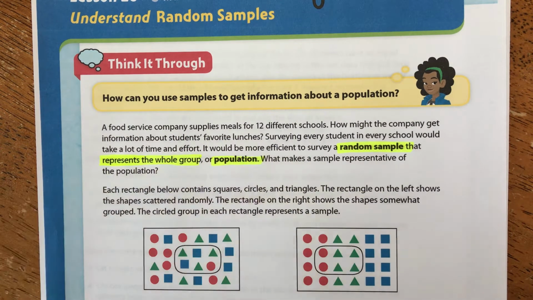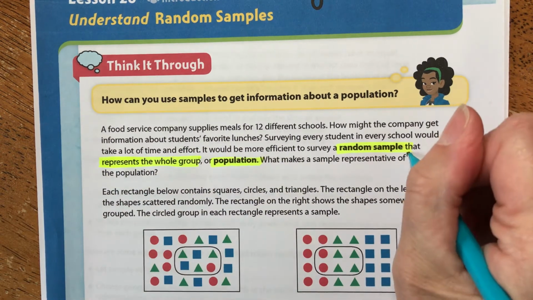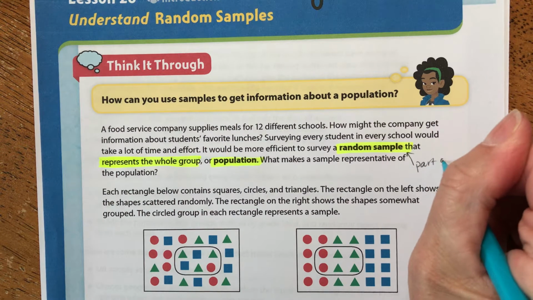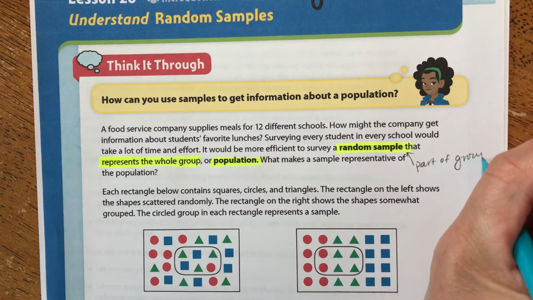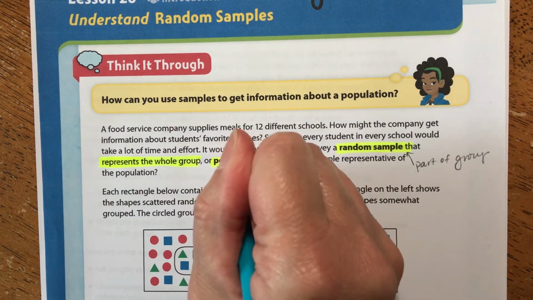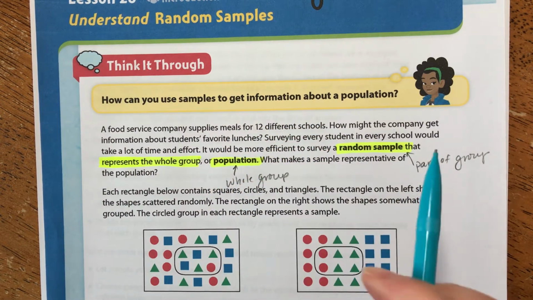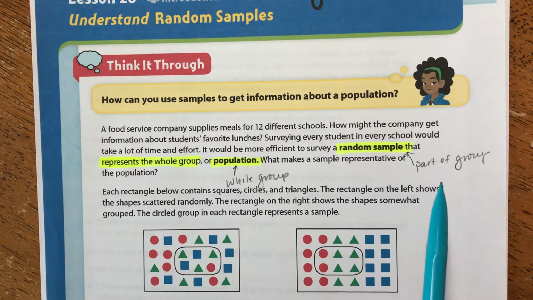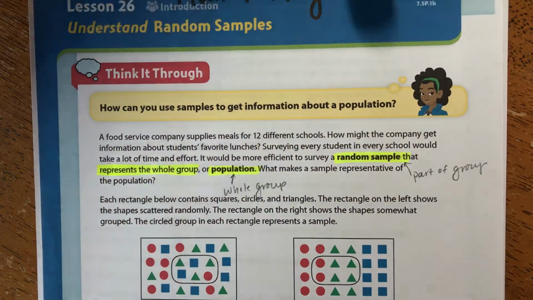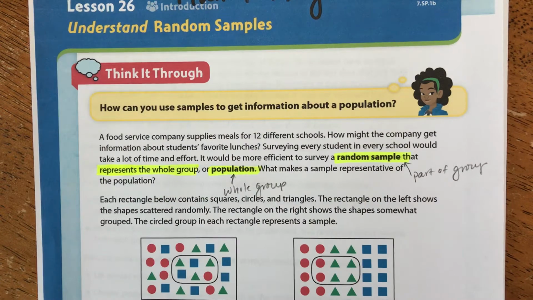So a random sample is part of the group, and the population is the whole group. Okay, just a couple of notes. Now, the thing about random is that everybody has to have an equal chance of being selected. Okay, so we'll talk more about that. All right, let's keep reading.